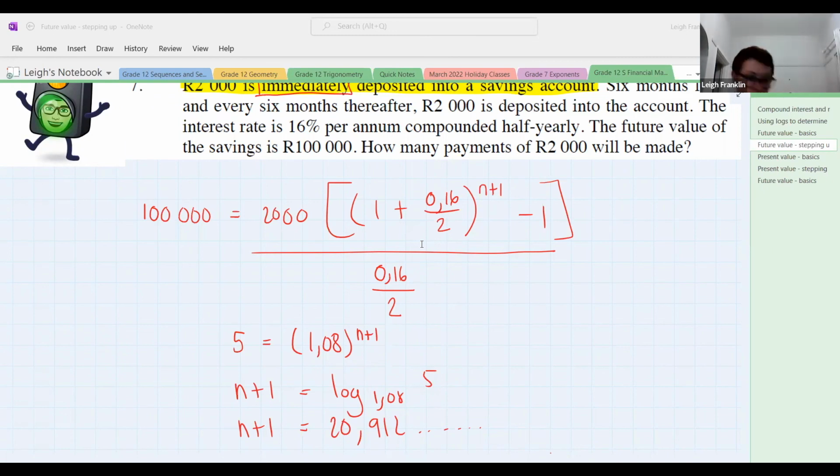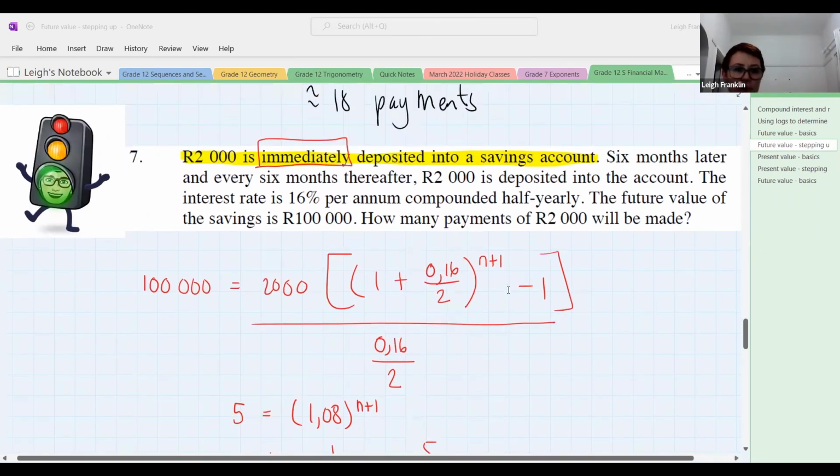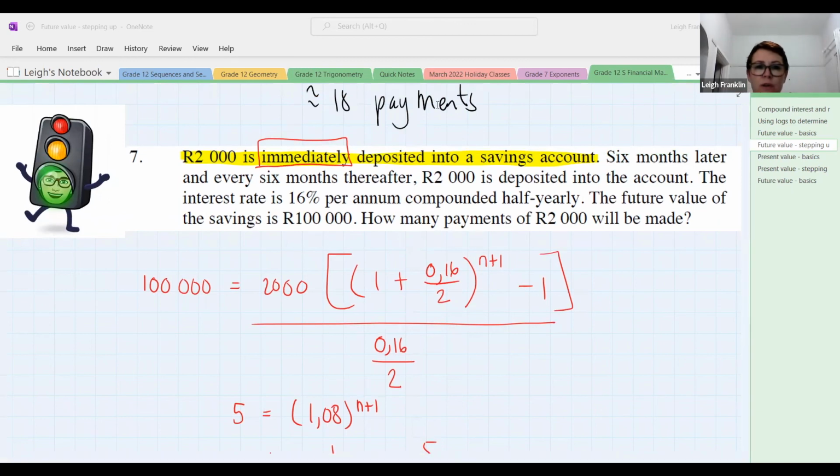You guys can do the same. Yeah, we're short with 19 payments. We don't get our 100,000 Rand. So it would be correct to round up. Very sneaky, hey. Very, very sneaky.